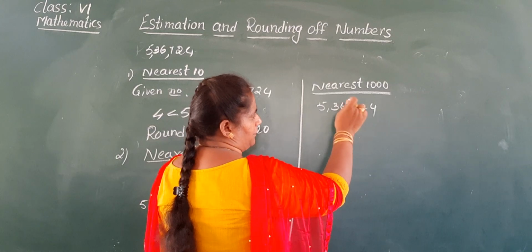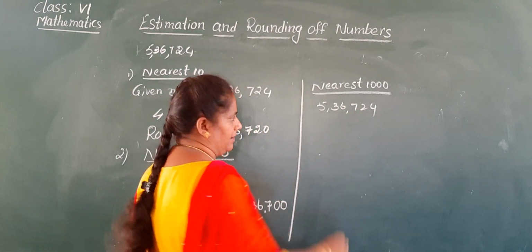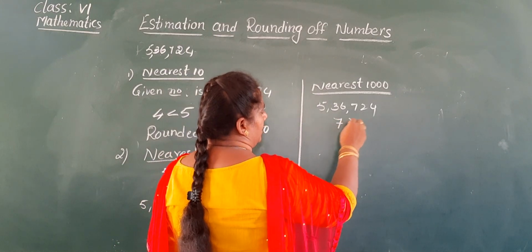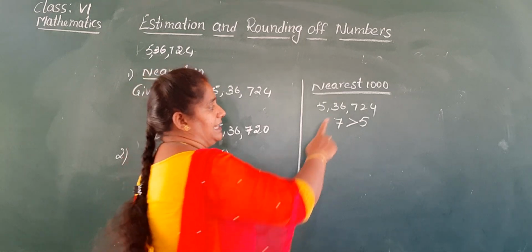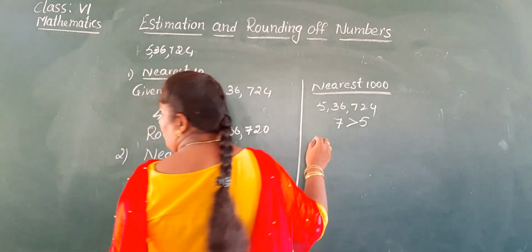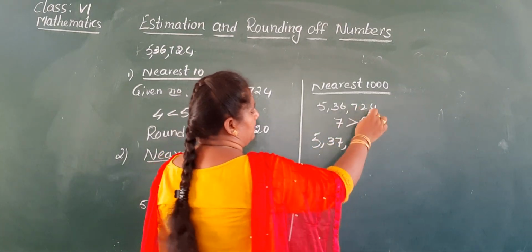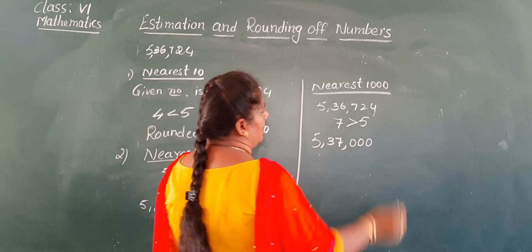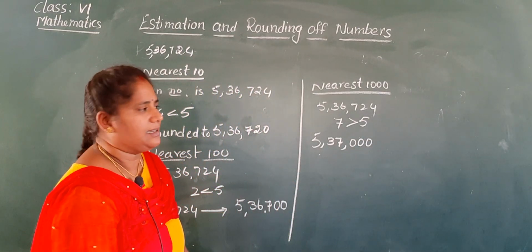Look at the digit in the hundreds place: 7. Here 7 is greater than 5. Greater than 5 means the digit in the thousands place is increased by 1. So it is 5,37,000, and keep the zeros in the hundreds, tens and ones places. Okay, ma? Is it clear to you?